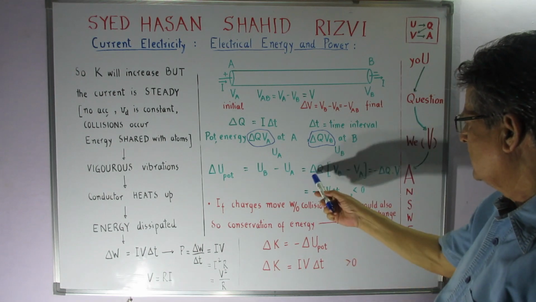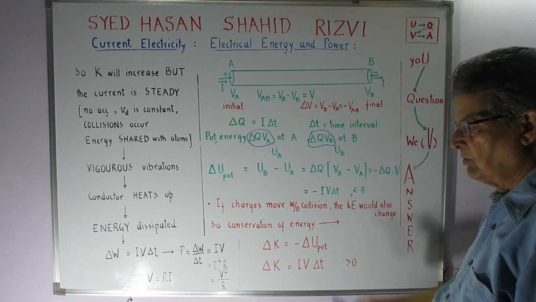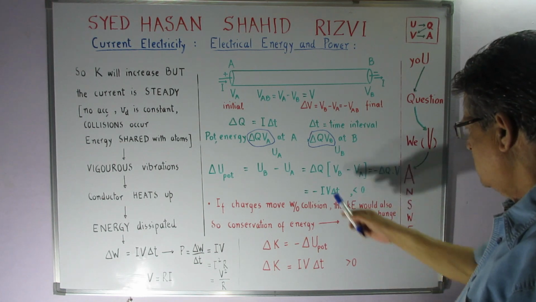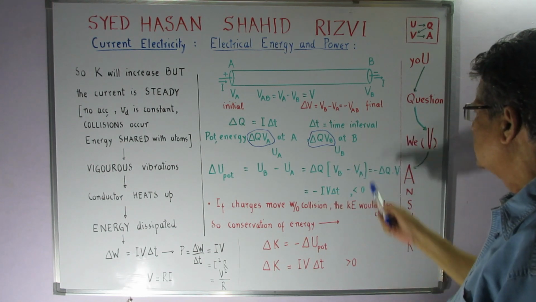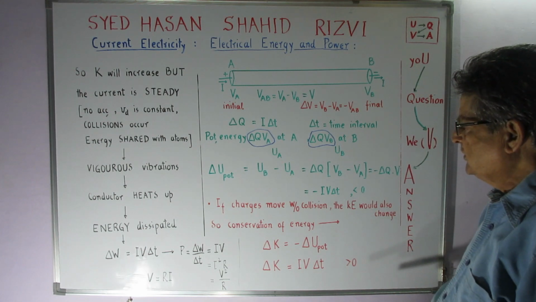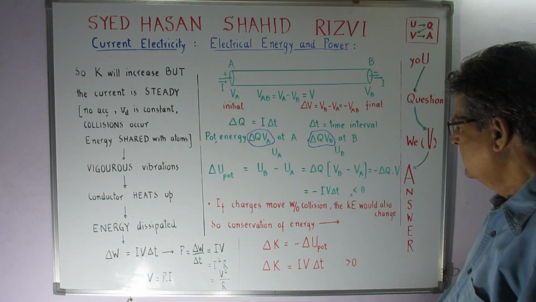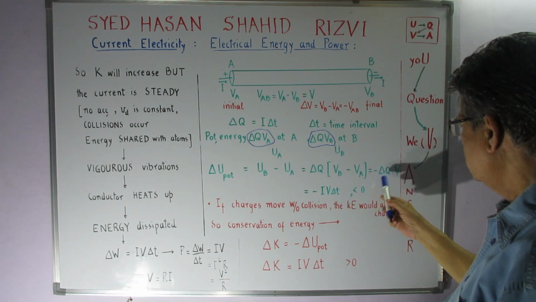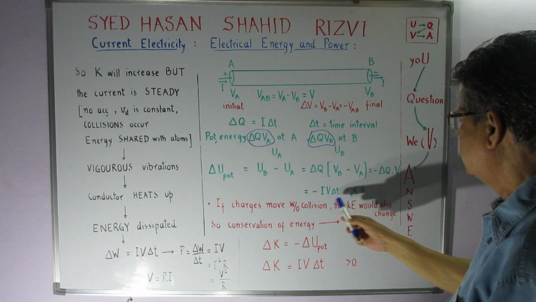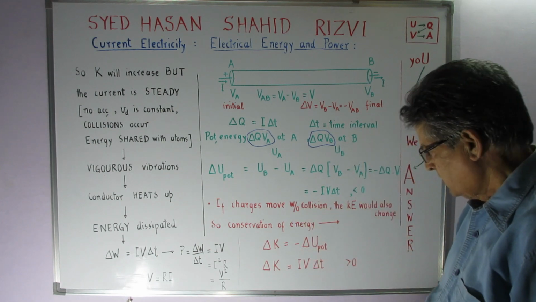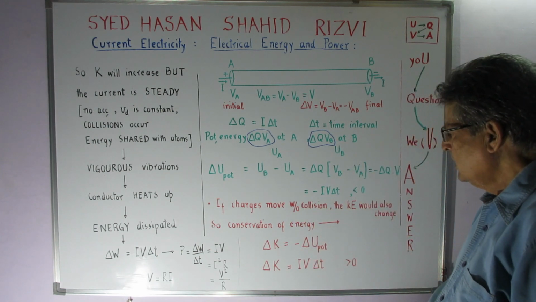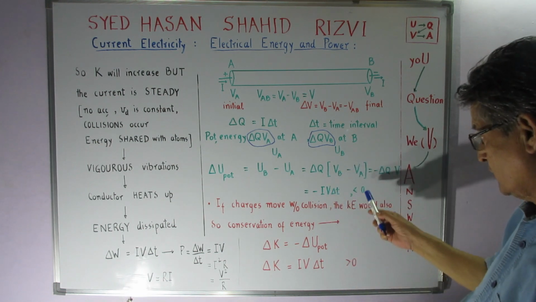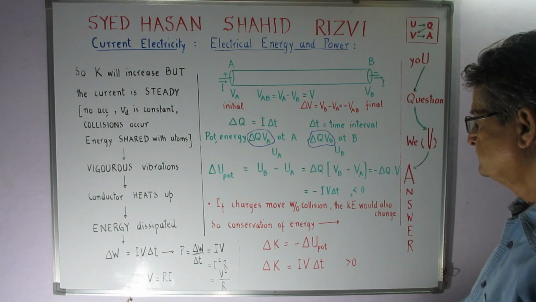So I take delta Q as common. This turns out to be equal to delta Q into VB minus VA, which is equal to minus delta Q into V, as I told you. So this is equal to minus I V delta T, because I delta T is delta Q, multiplied by V. Of course, this will be less than 0.